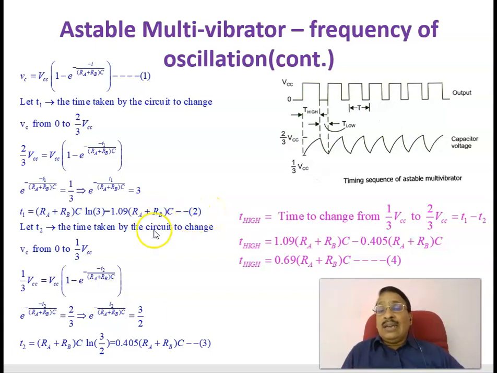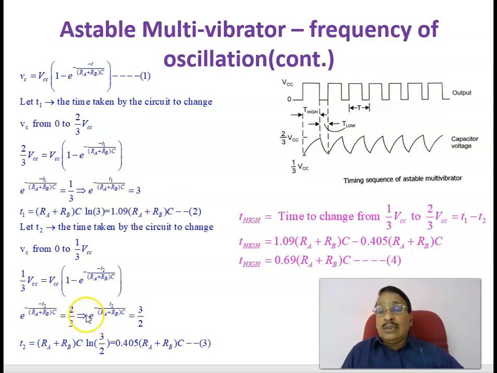Now, again we are going to calculate the time required to change the capacitor voltage from 0 to 1/3 VCC. Substituting in the same equation 1, Vc equal to 1/3 VCC equal to VCC into (1 minus e raised to minus T2 divided by (Ra plus Rb) into C).